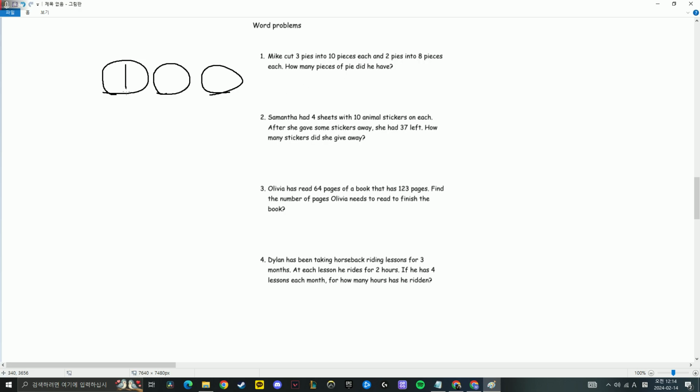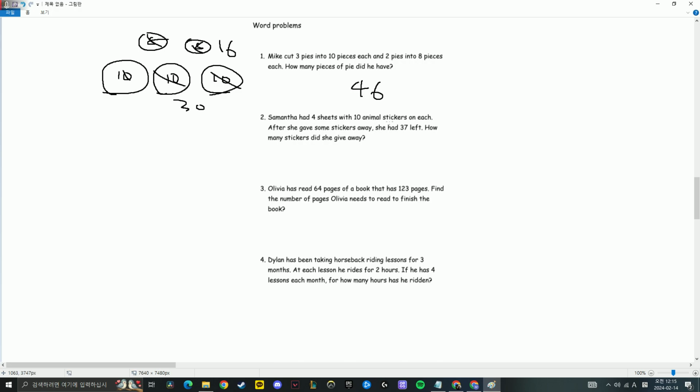So these are gonna have 10 pieces, 10 pieces, 10 pieces, and 2 pies are 8 pieces. So we're looking at the total pieces. So we have 10, 20, 30, and we have 8 plus 8, which is 16. 30 plus 16 is 46.